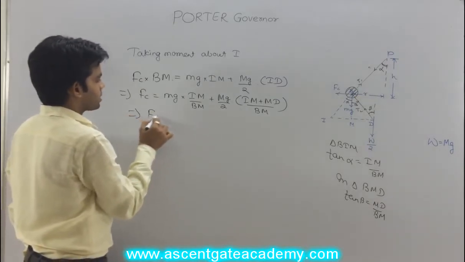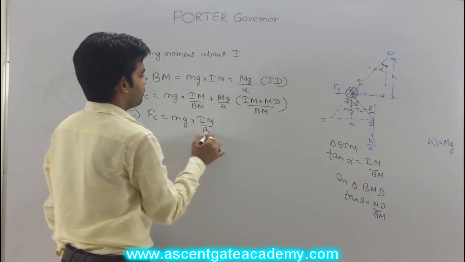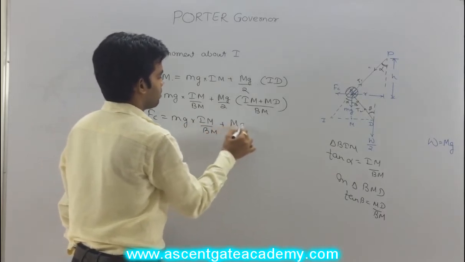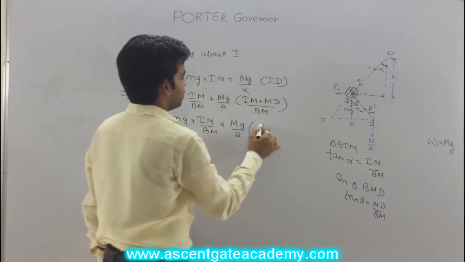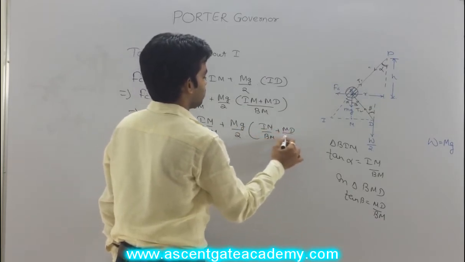Okay, so just put the values. Fc is equal to mg into IM upon BM plus capital Mg by 2 into IM upon BM plus MD upon BM.